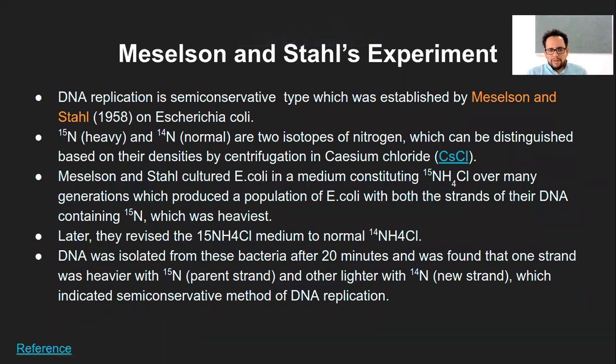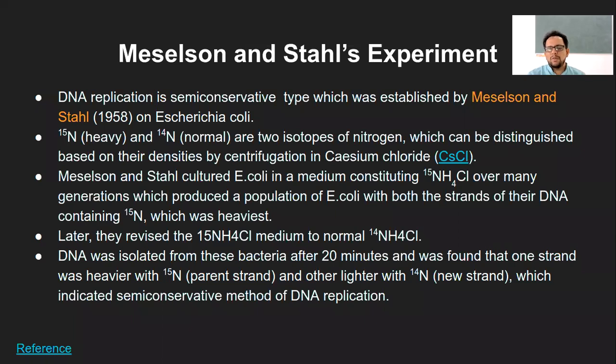Meselson and Stahl cultured Escherichia coli in a medium containing the heavy isotope of nitrogen, N15, in the form of ammonium chloride. Most culture media contain ammonium chloride either as a source of nitrogen or as a buffer system.